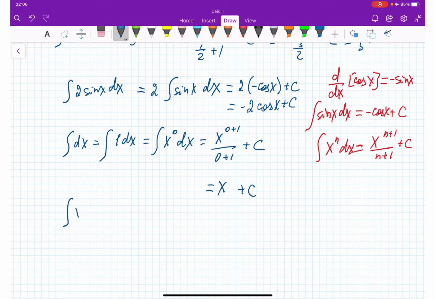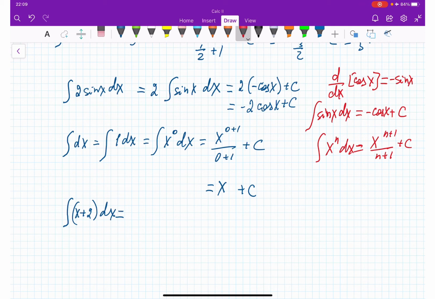x plus 2 dx. So here we are going to apply the property of indefinite integral, which means the integral of a sum is equal to the sum of integrals.